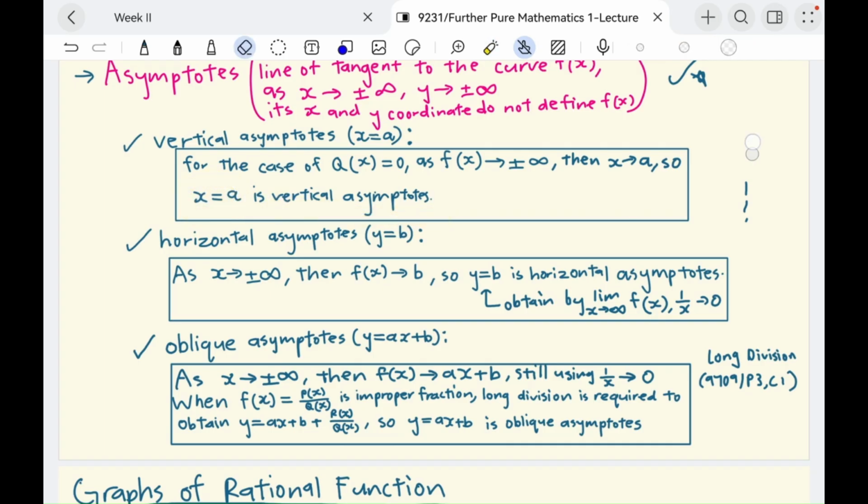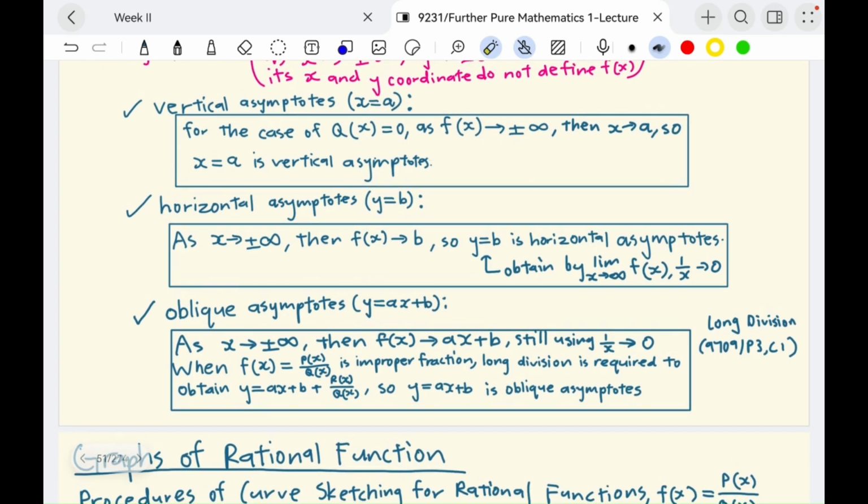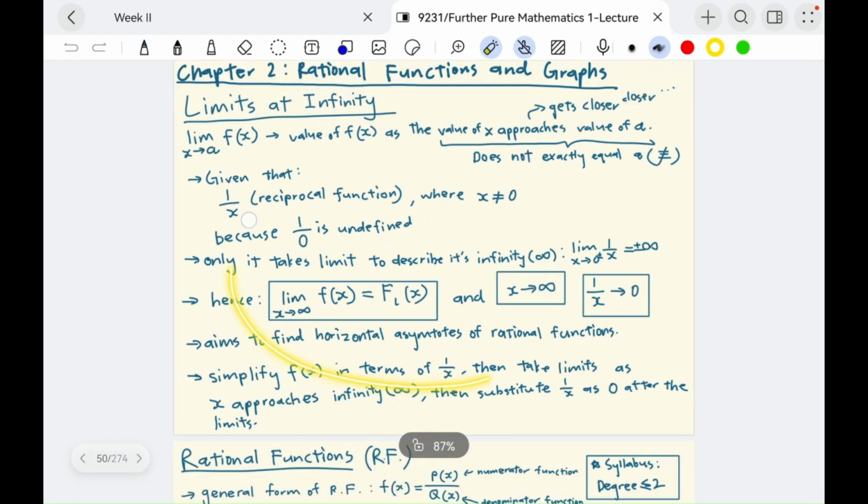Alright, the next type is the horizontal asymptote, y equals to b. This is the general equation of the horizontal asymptote. As x goes to infinity, f(x) goes to b. So over here, we have to use the limits like what I have explained.